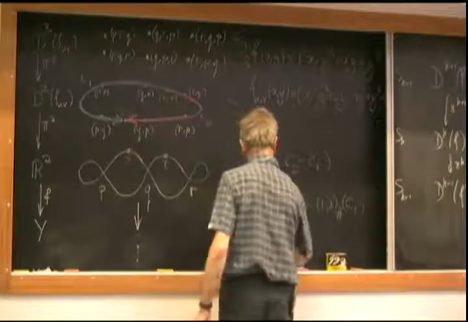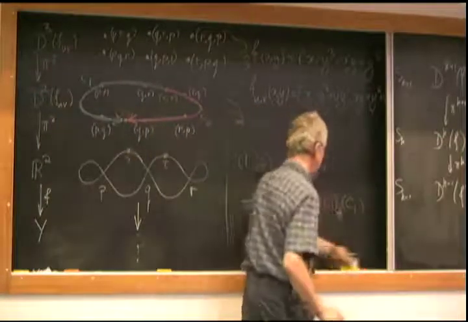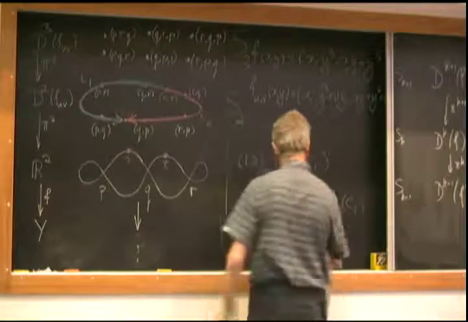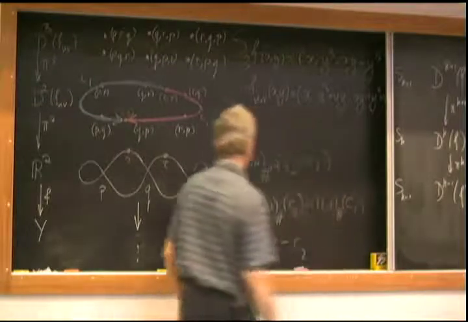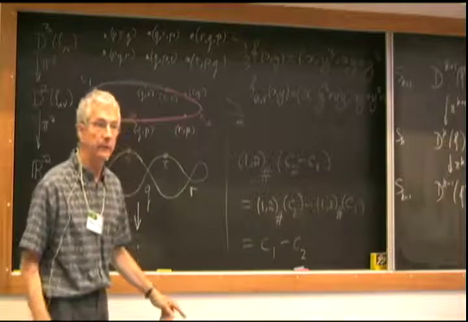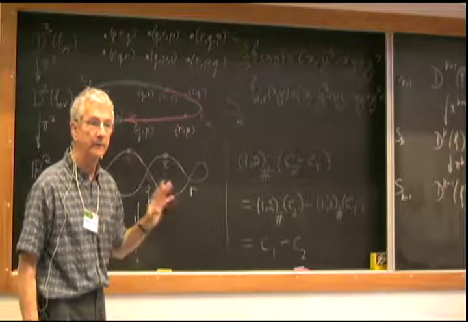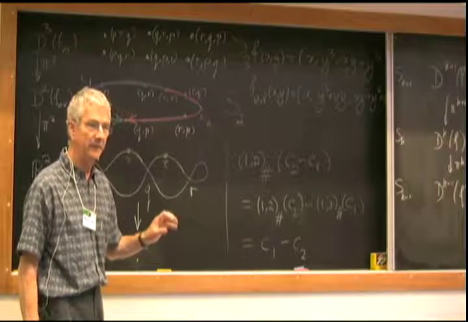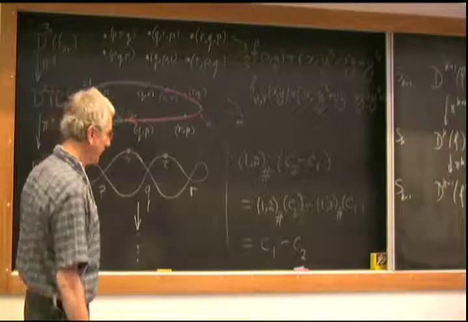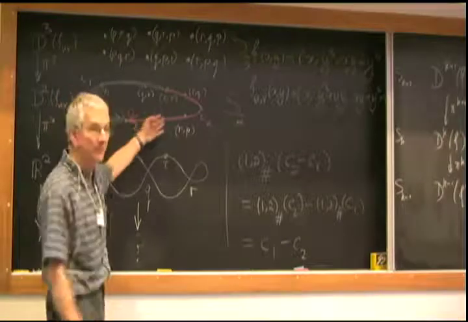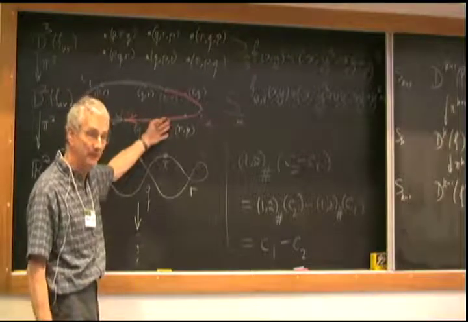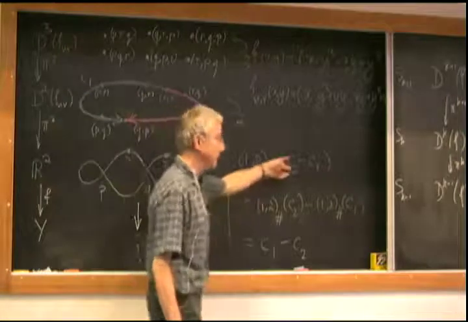And by the same token, 1, 2 lower sharp of C1 is C2, so I get C1 minus C2. Okay? Sorry, I vacillated. It's a very simple example. It works perfectly, actually. It's an alternating chain.